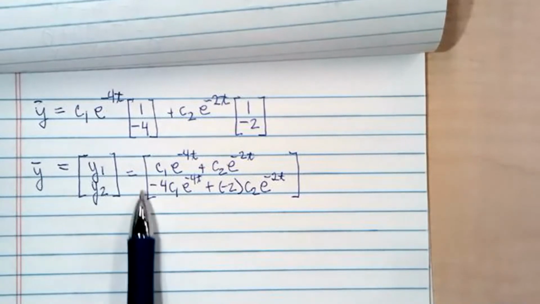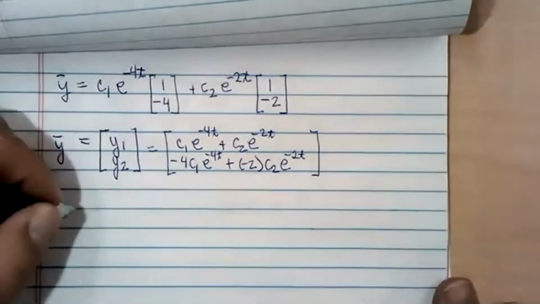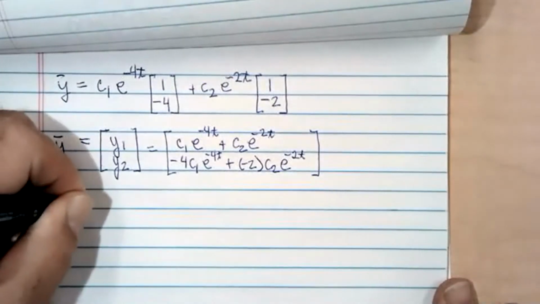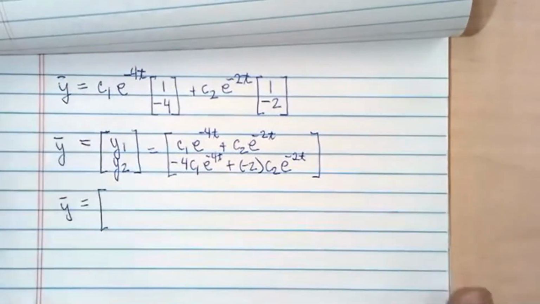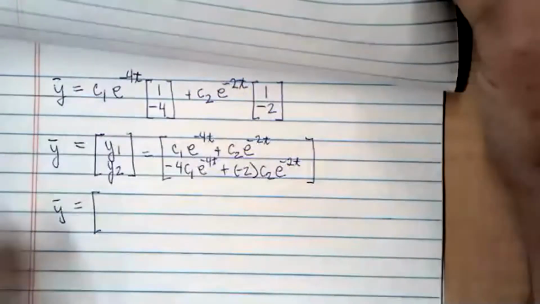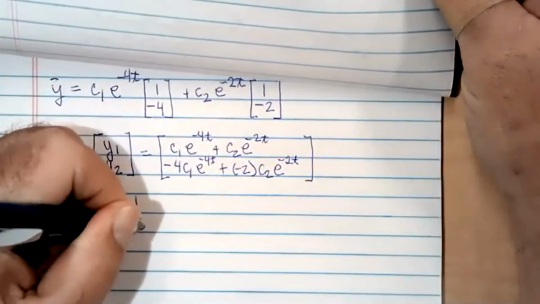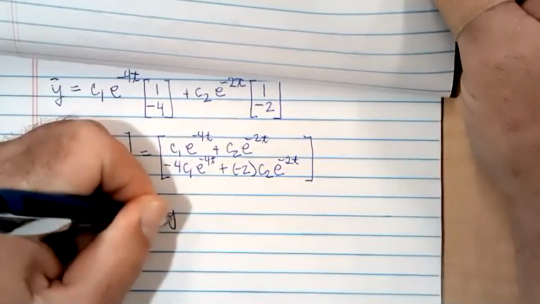So here's y1 and here's y2. Those are the solutions to y prime equals A y, whatever we have for A. I need to look it up. 0, 1, -8, -6 y.